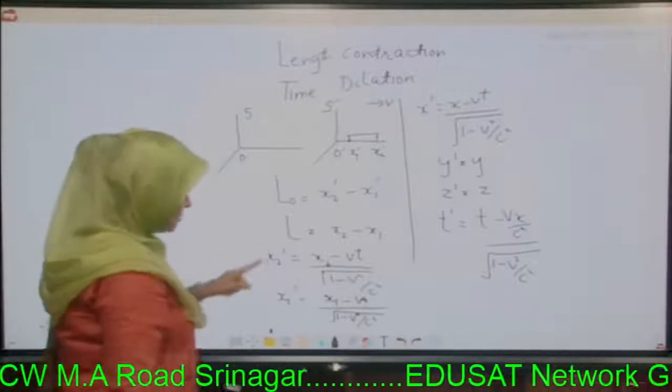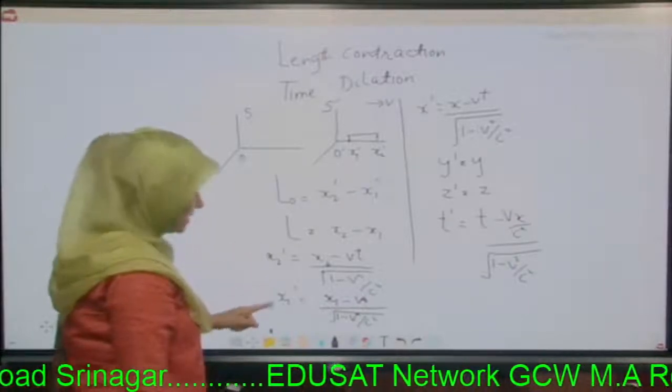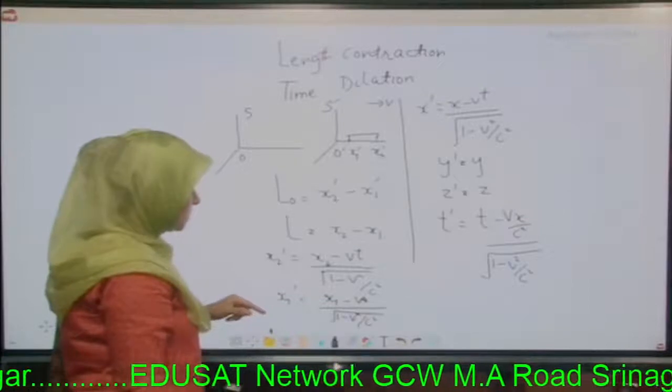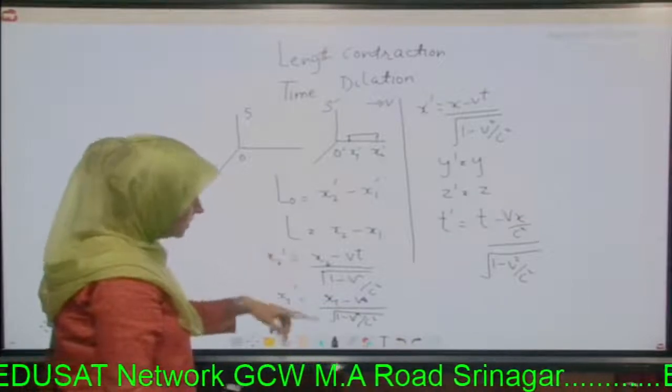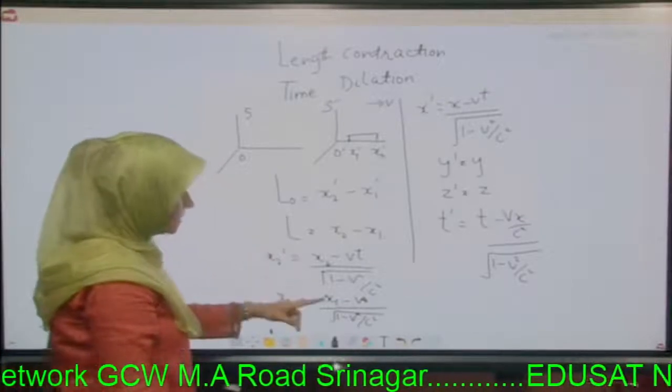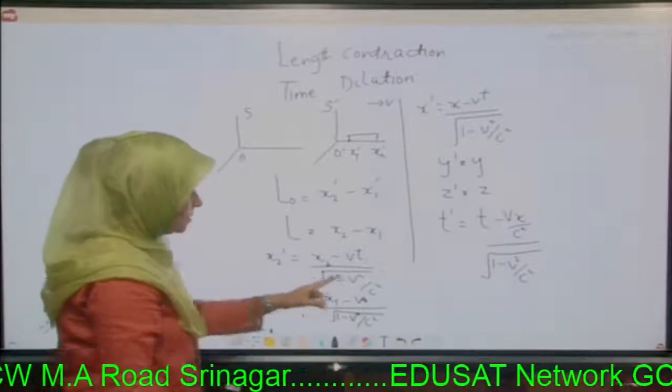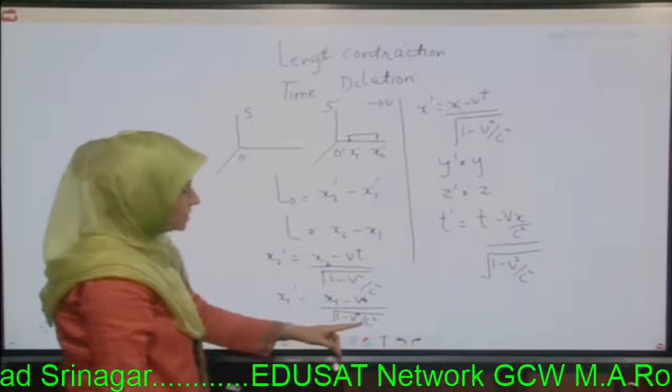Now once I subtract these two, what do I get? x2 minus x1 in the numerator. In the denominator we have a common factor, 1 minus v square by c square.